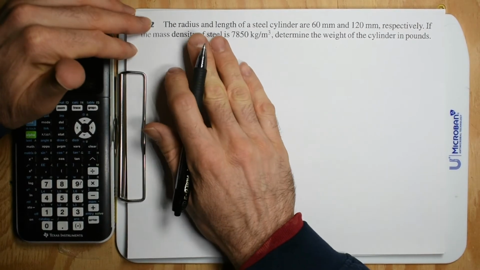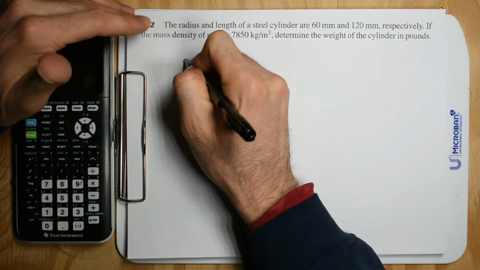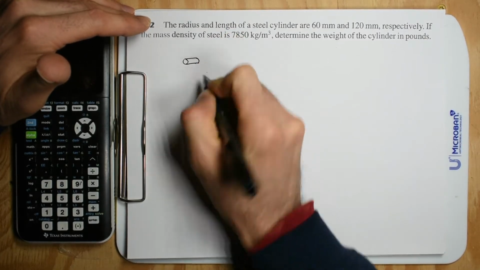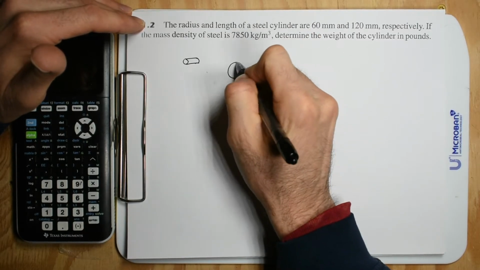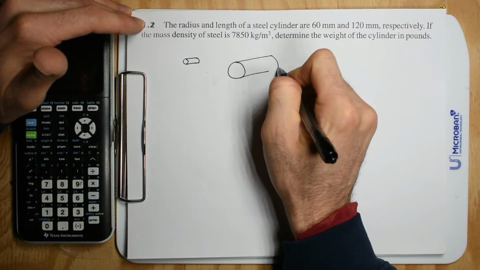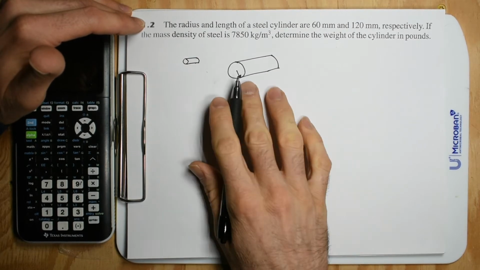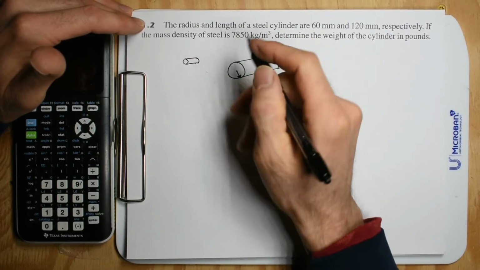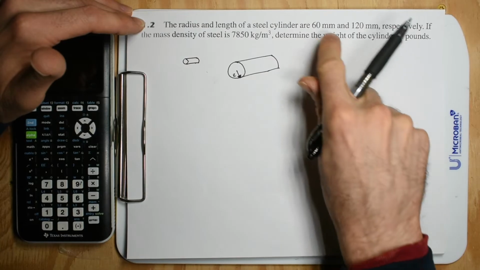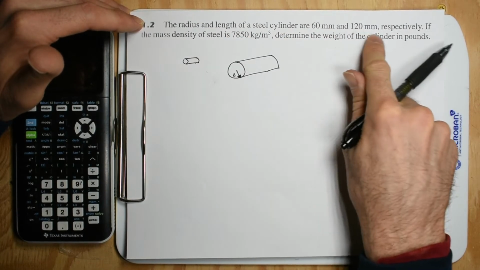Let's go. So the radius of a length of steel cylinder, okay, so we got a cylinder, is the radius. Let's draw this cylinder bigger, because it's got a radius. I made a mistake and just thought the radius was the diameter, but no, that's the radius. Anyway, 60 millimeters, and the length is 120 millimeters.